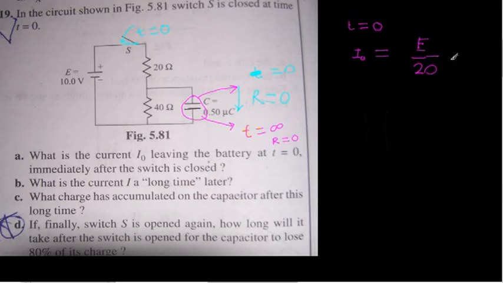Your E is 10 and this resistance is 20 ohm. So 10 by 20, means 1 by 2, 1 by 2 ampere.